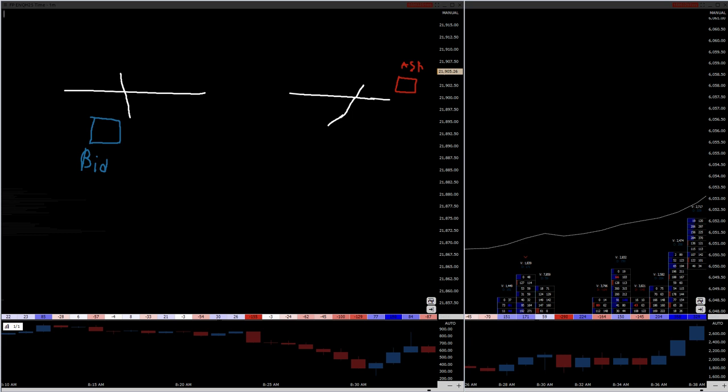As we're selling off, you want to see aggressive sellers right here. While we tap into this block, you want to see aggressive selling, maybe a little bit here, before the delta flip. Same thing for this, aggressive buying while we're at this block.